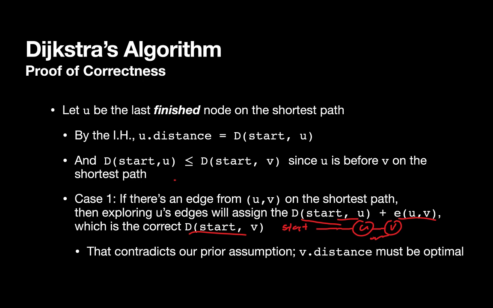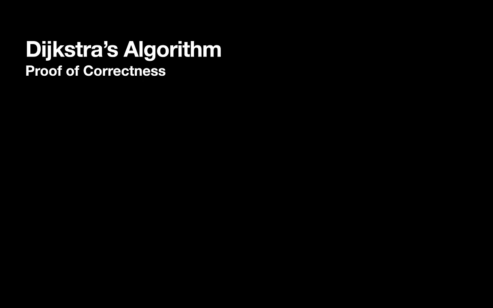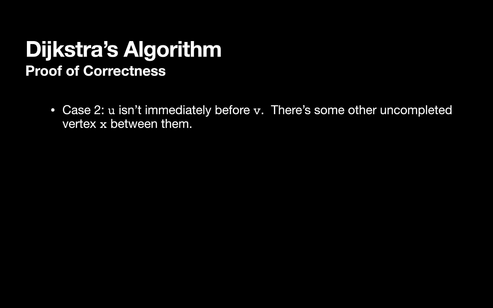So let's consider case number two, where there might be some intervening nodes after U. Okay, so case number two, there's some uncompleted vertex in between the two. So start, meanders along to U, and immediately after that there's X, and then some path that eventually goes to V. Okay.